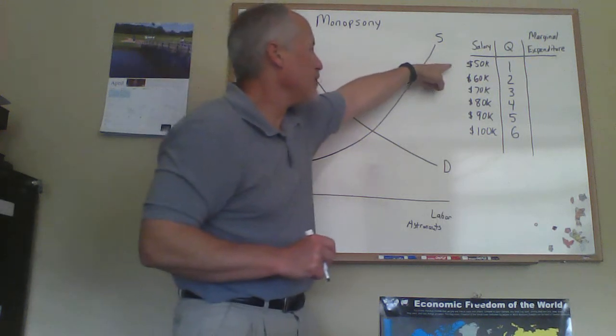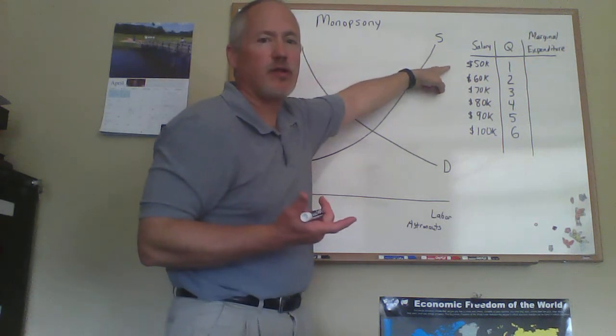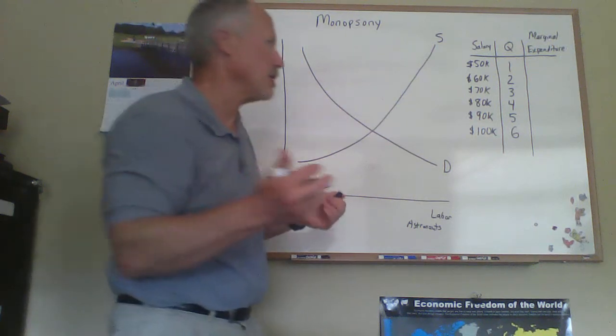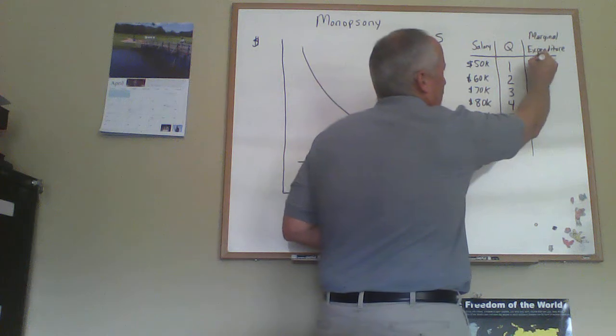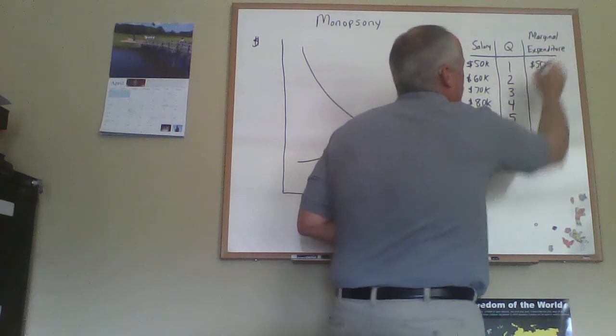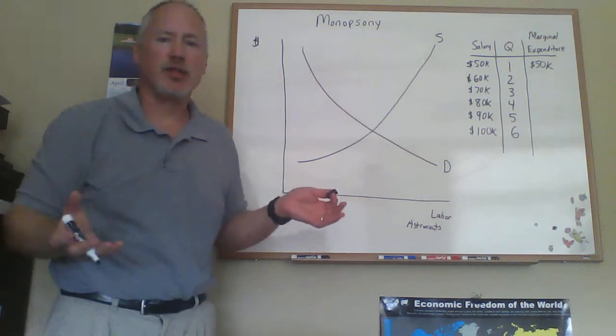For the first worker, there's no difference here. If you go from hiring 0 workers to 1 worker, you have to pay whatever the supply curve has. So your marginal expenditure is going to be $50,000.